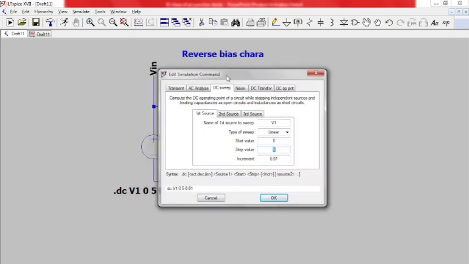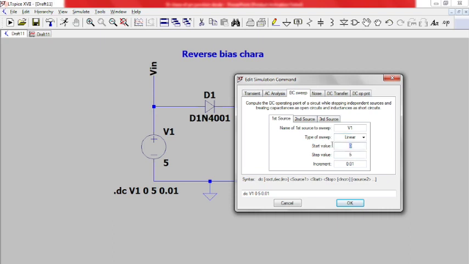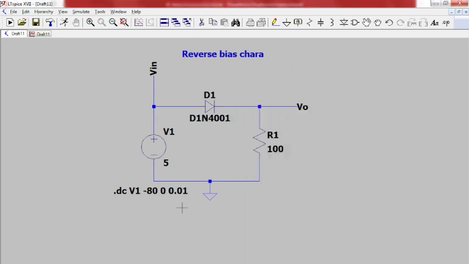In the reverse bias condition, we start from a negative voltage, a negative high voltage, suppose negative 80 volt to 0 volt. This is the reverse bias condition. Maximum minus 80 volt, so the stop value should be 0 volt. All others are the same. The dot DC parameters are changing.